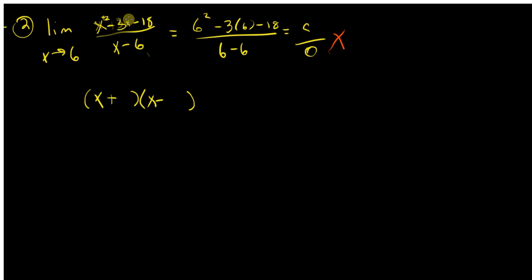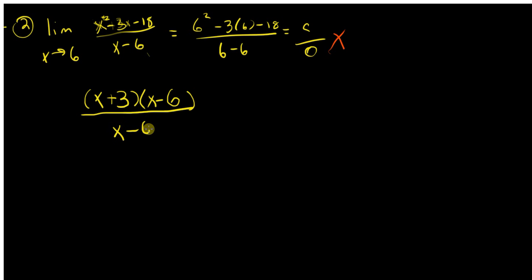But they have to add up to minus 3, and subtraction is nothing more than adding different signs. So we put the bigger of the 2 numbers, 6 and 3, with the minus, all over x minus 6.